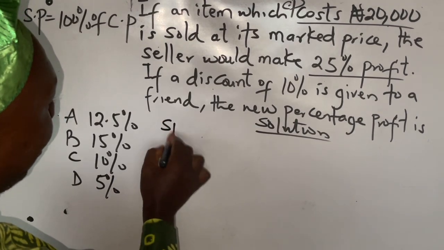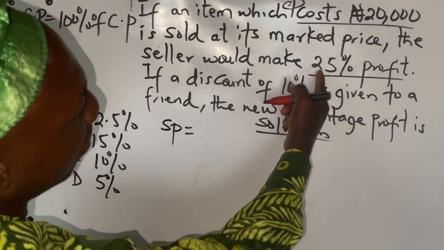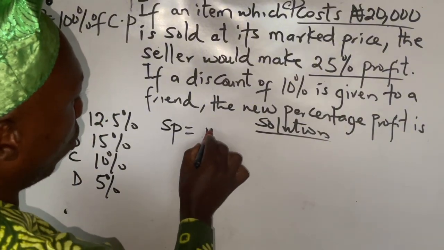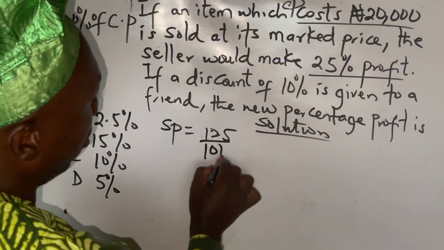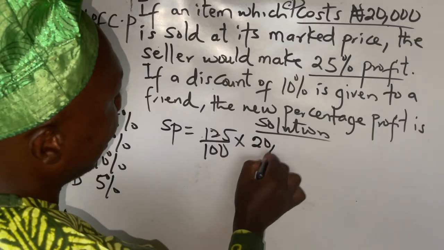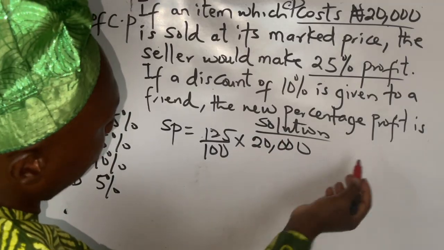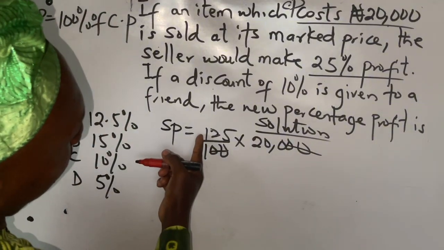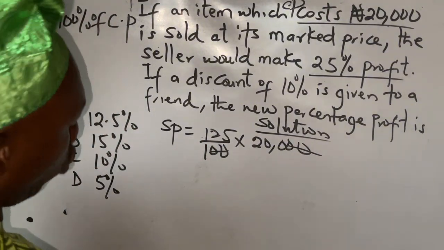So let me calculate the selling price. They give us 25% profit, so we're adding 100 to this 25. That will be 125 over 100 times the cost price, that is 20,000 naira. Let me cancel the zeros. So I want to multiply 125 and 200.